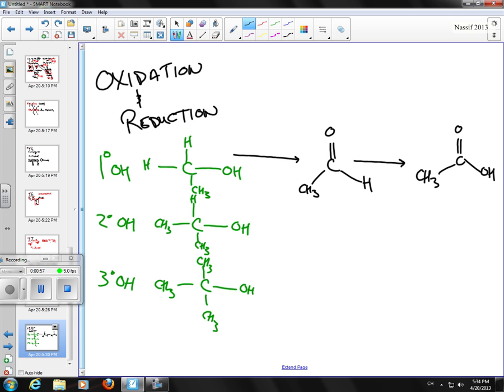The secondary alcohol, when oxidized, goes to a ketone. The tertiary alcohol cannot be oxidized. So remember, as we go from left to right, we are oxidizing.